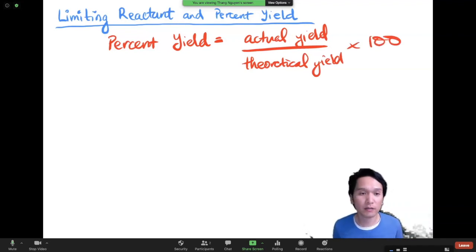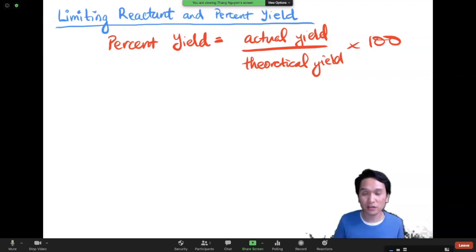This number is quite important. For example, in organic chemistry, when you make drugs, there are many steps, and you want to have a very high percent yield in these reactions, because a lower percent yield means that you are losing your reagent somehow. It's not going to its maximum capacity.